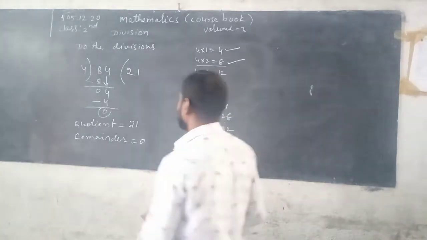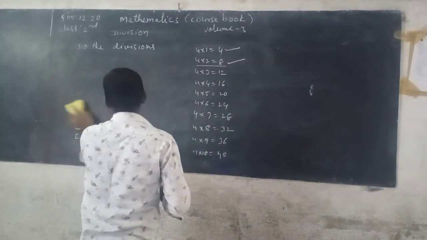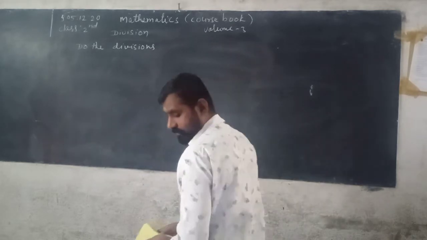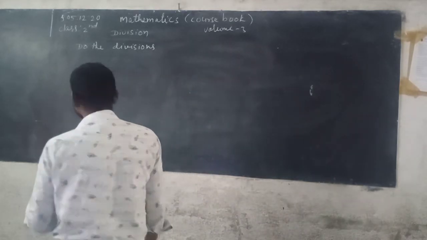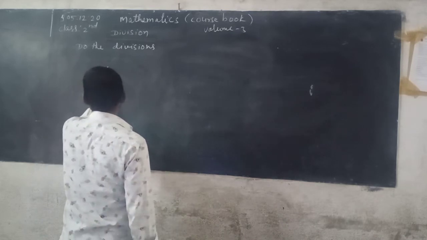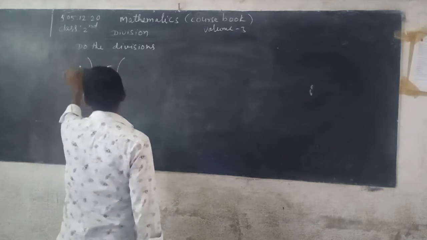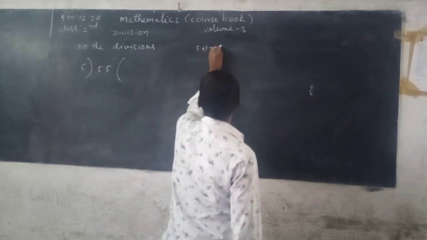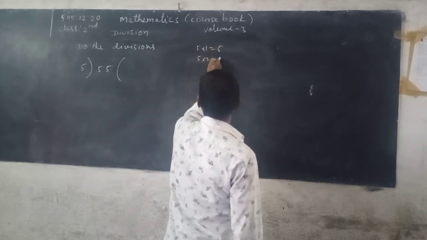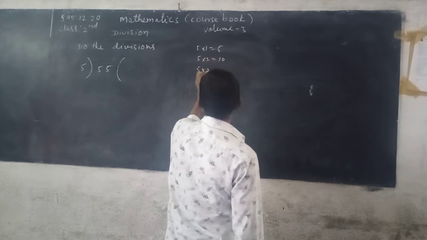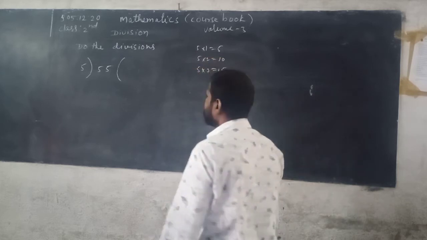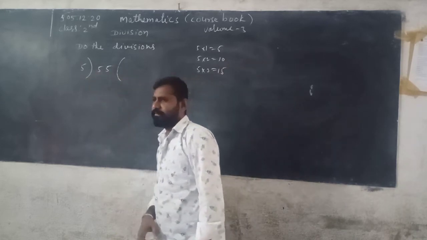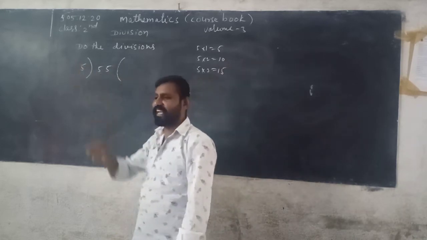Now next. 55 divided by 5. See here, 5 1s are 5, 5 2s are 10, 5 3s are 15. So I have to take from the dividend, left to right side, one digit, because 5 is equal to 5.